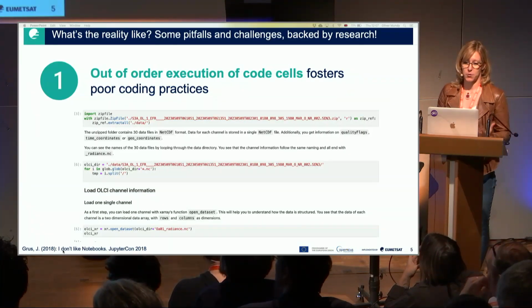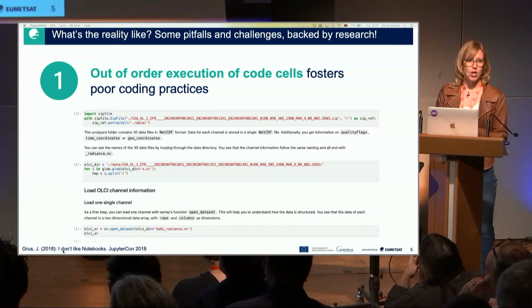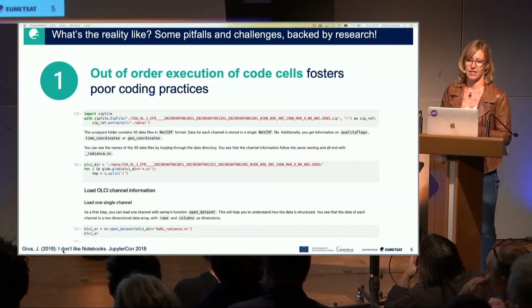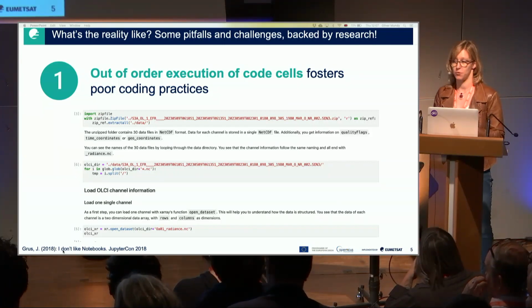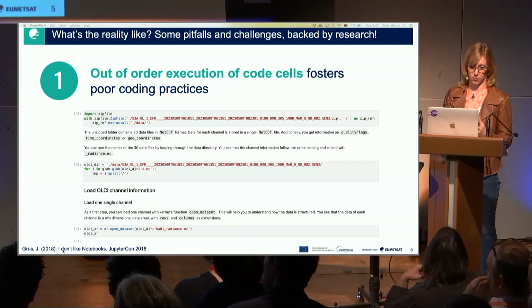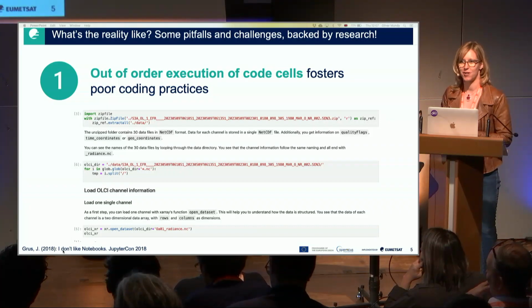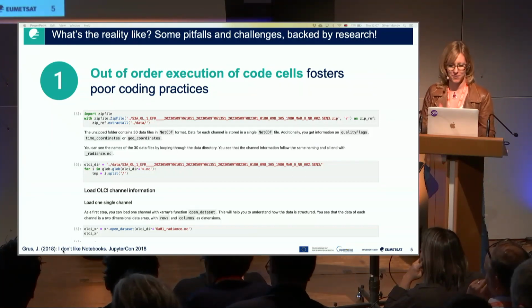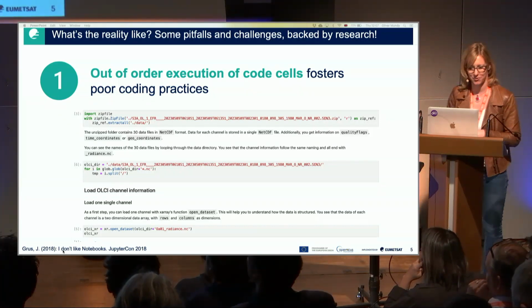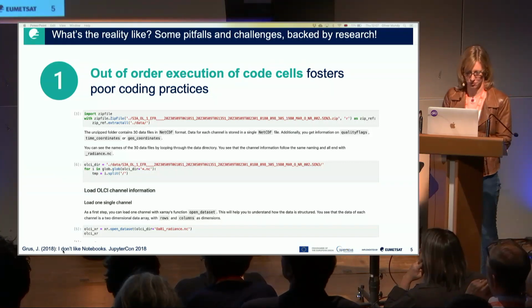The first pitfall and challenge that a lot of critics of Jupyter Notebooks point out is the out-of-order execution of code cells, and this fosters poor coding practices. There has been an entire JupyterCon talk in 2018 on this, and if you're not aware of it, I really recommend going back to the talk from Joel Grus.